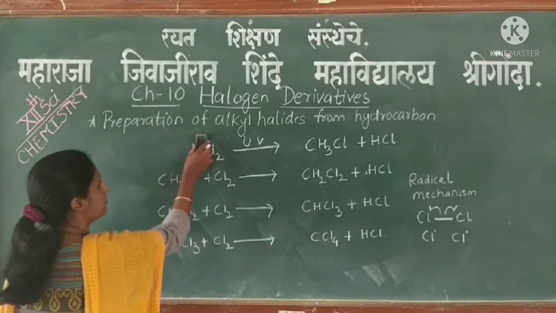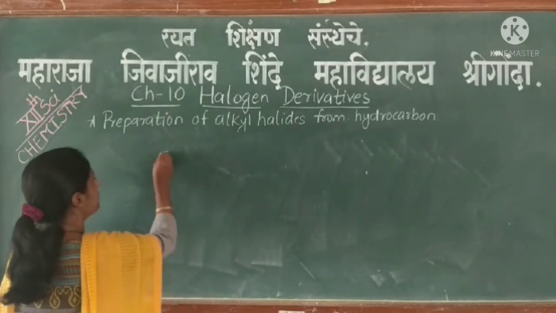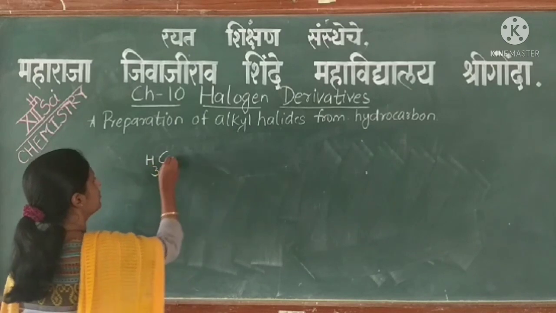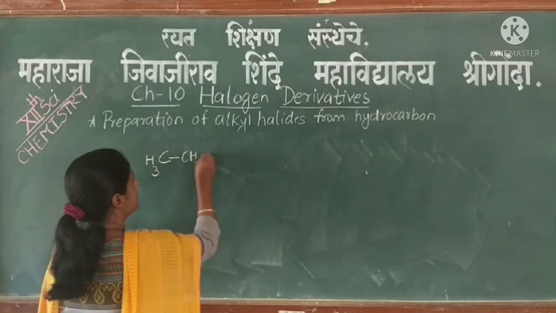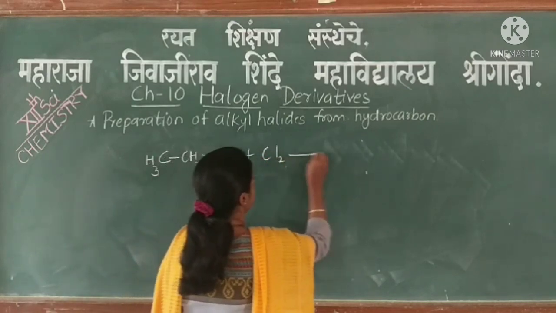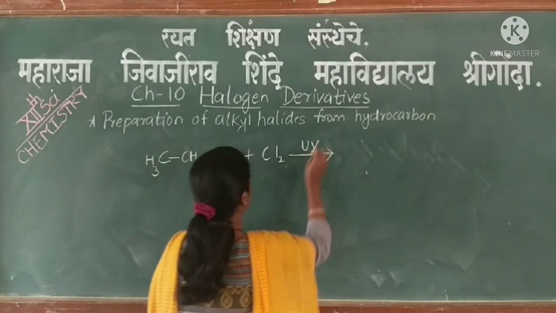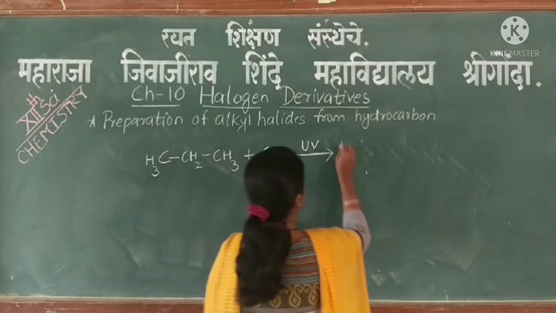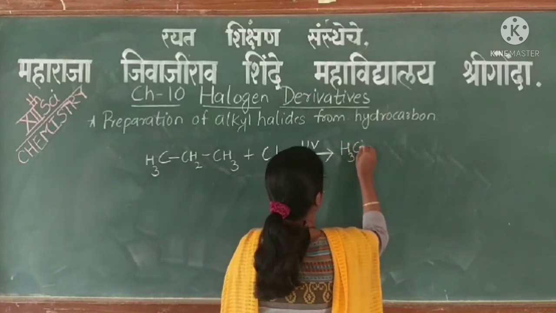Let's see with an example. If propane is reacted with chlorine in presence of UV, then you don't get a single product.